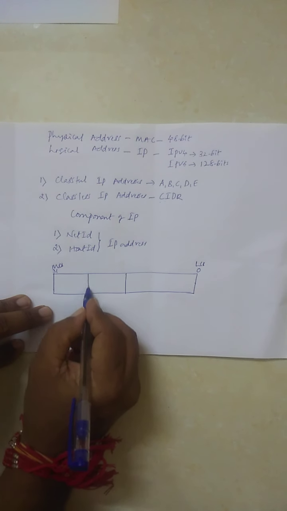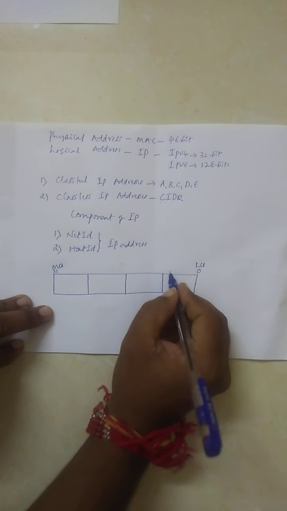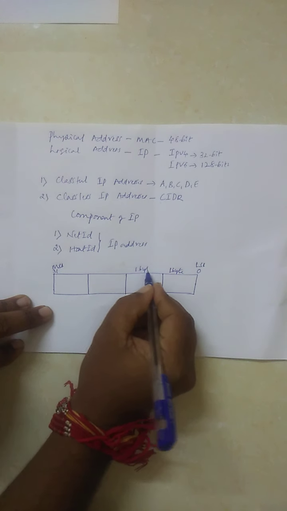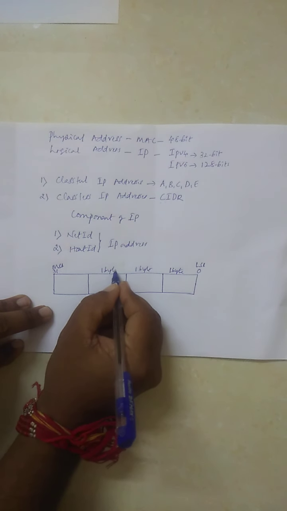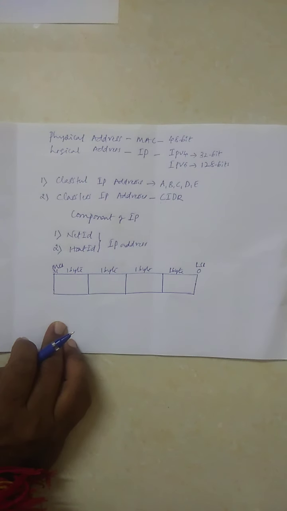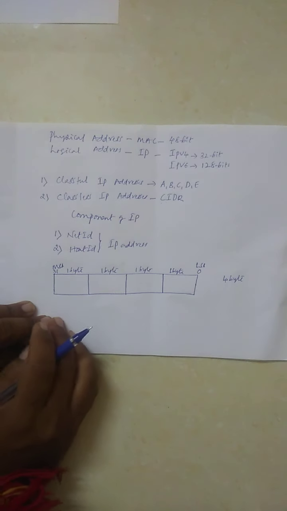These 32 bits are divided into 8 bits or 1 byte each. So this is one byte, this is one more byte, this is the third byte and this is the fourth byte. When I say 32 bits, it is a total of 4 bytes.